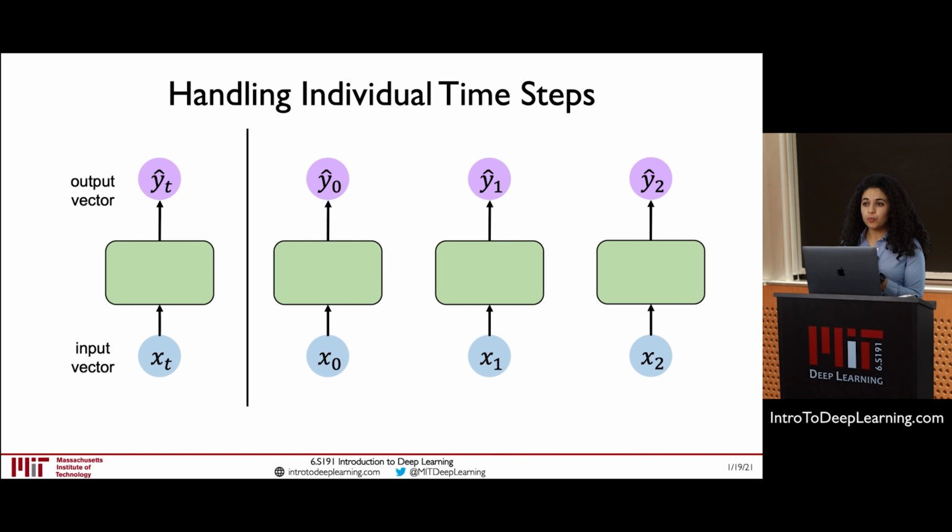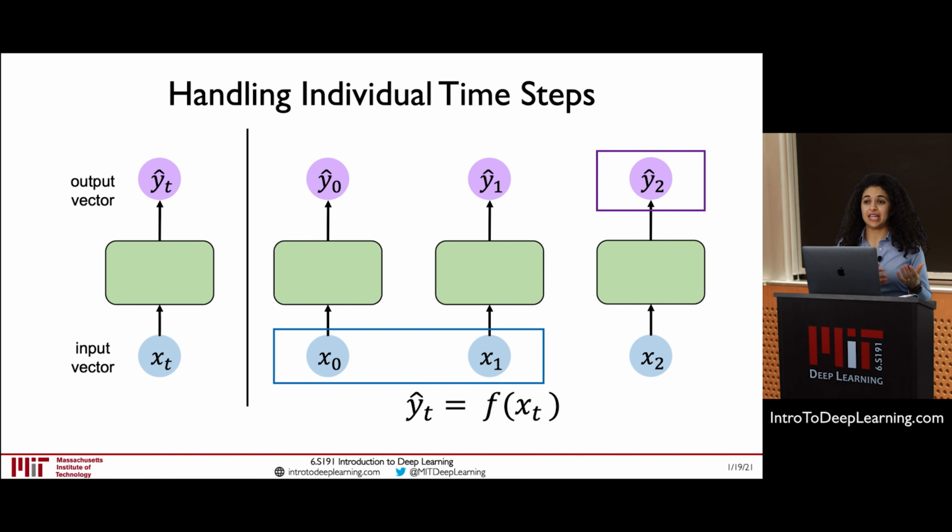But we know from the first lecture that our output vector, y hat, at a particular time step t, is just going to be a function of the input at that time step. But let's take a step back here for a minute. If we're considering sequential data, it's very likely that the output, or the label, at a later time step is going to somehow depend on the inputs at prior time steps.